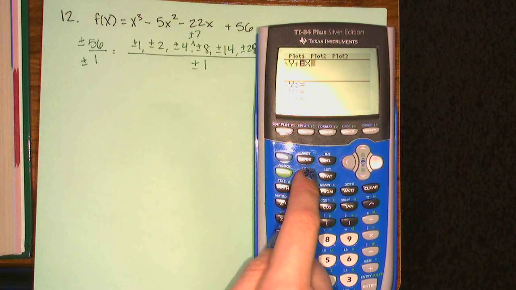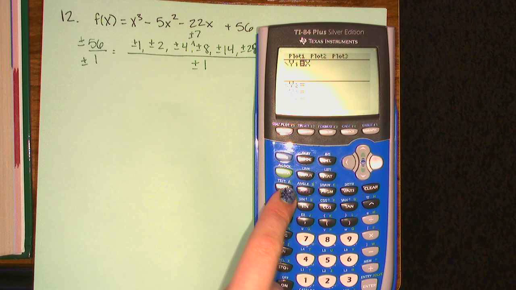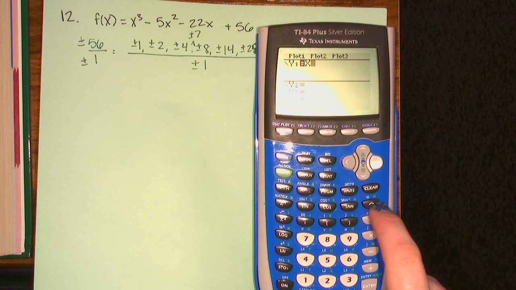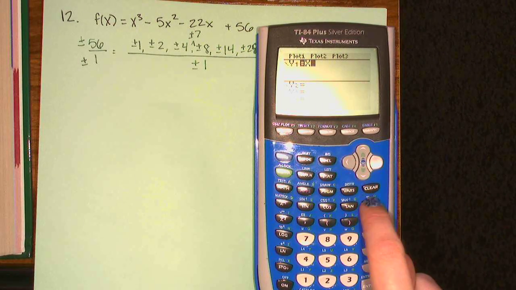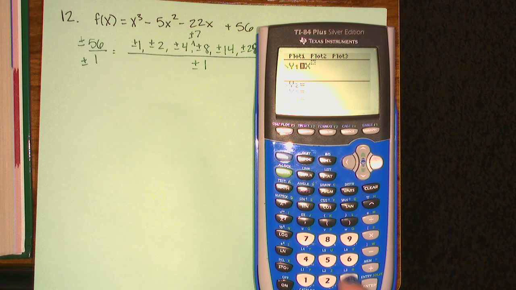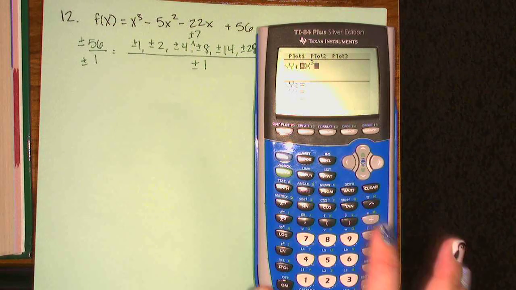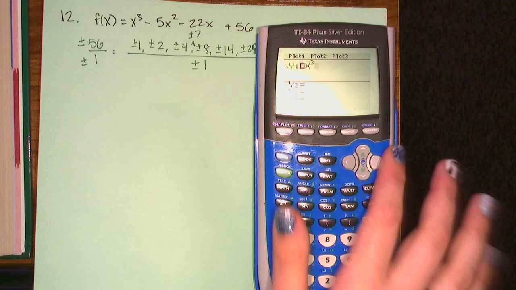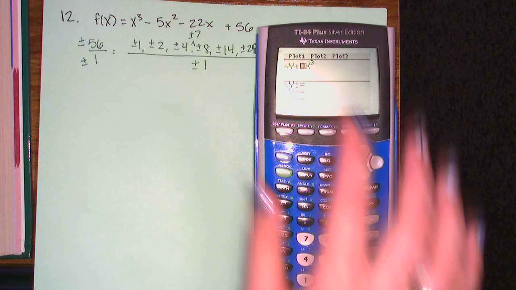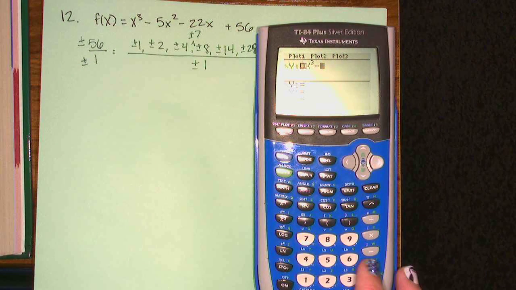It's got an X on it, so hit that, and that'll give you your X. And then this little caret button, a little up arrow looking thing. Hit that. 3. And then you have to arrow over or it'll still keep typing it up top. So then minus. Notice it's this minus sign over here, not the little negative sign that's underneath the 3.